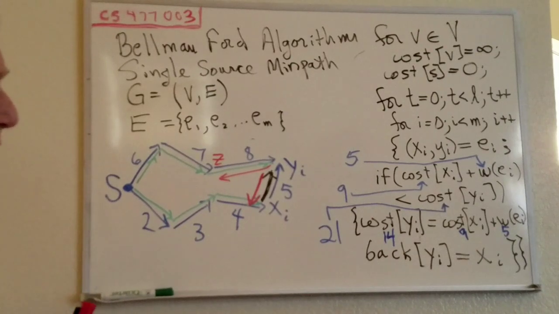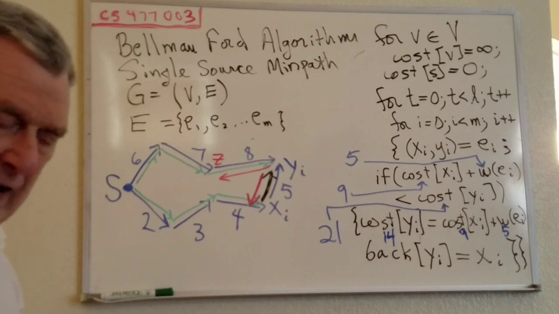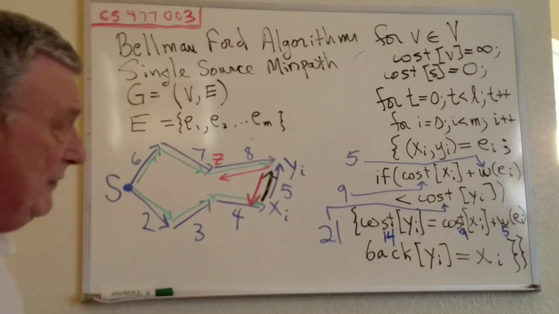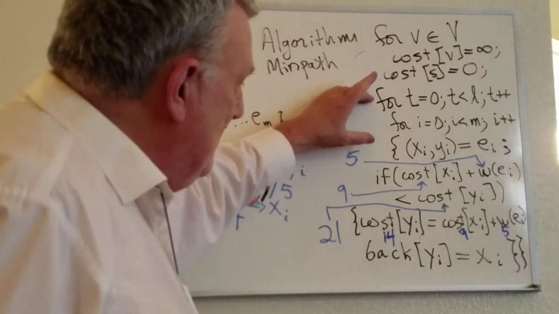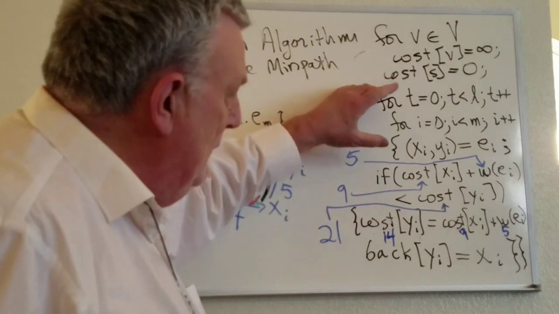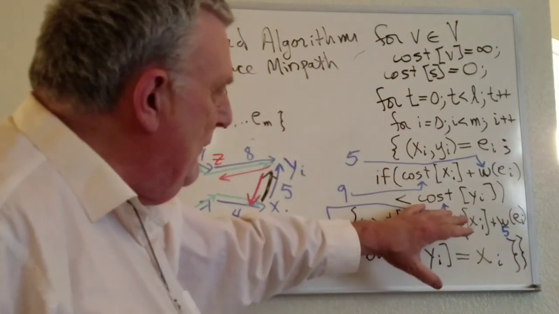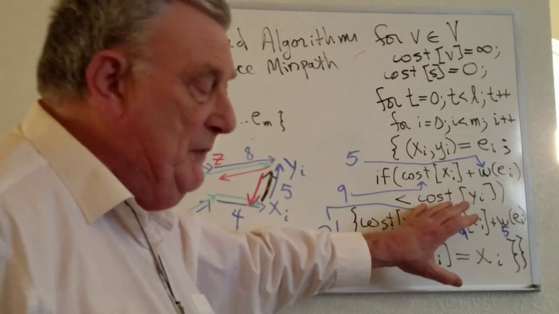Now the next thing you might wonder is, what happens if we don't know the value of L in advance? I actually have shown you how to do that in class. What you do is, during each iteration of the outer loop, you check to see if any value of cost has been changed.